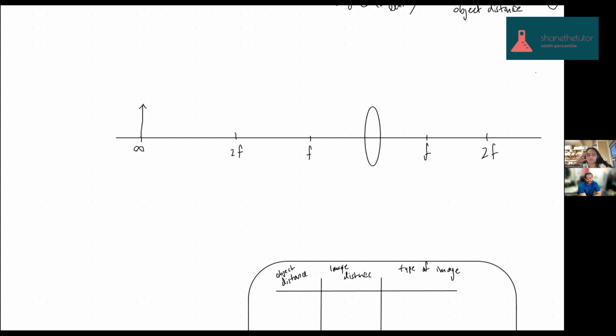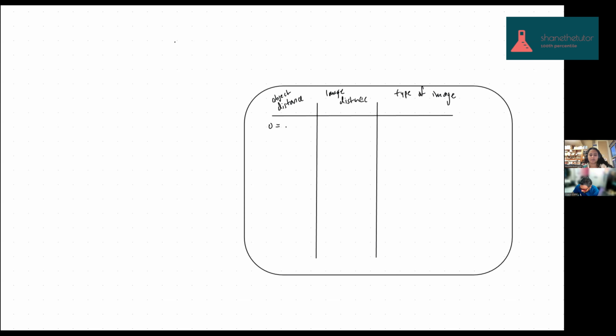So I'm going to start filling out this table, and we can go into how to know in the diagram above, but I'll start off with just the table. So if the object distance is at infinity, it will create an image distance that is at the focal point.